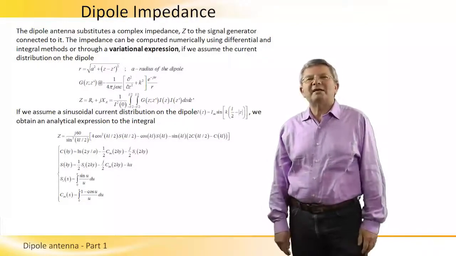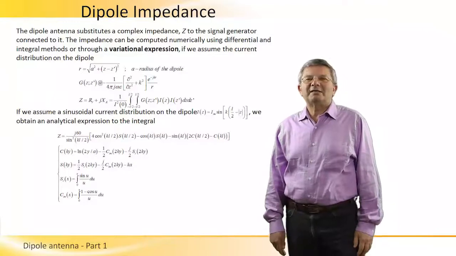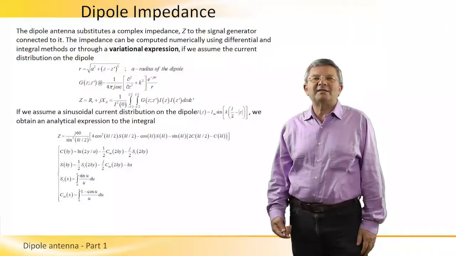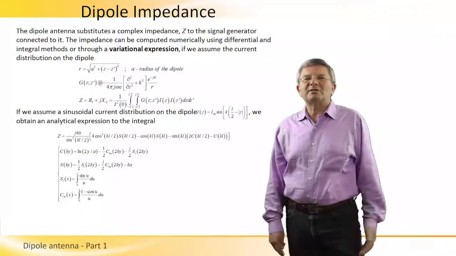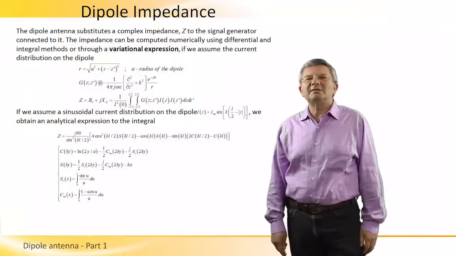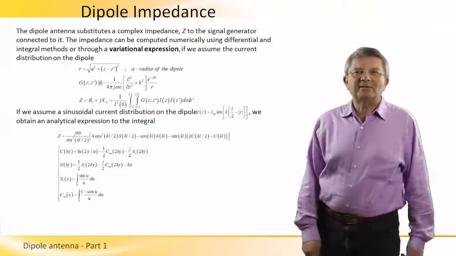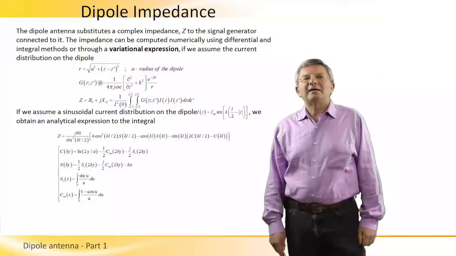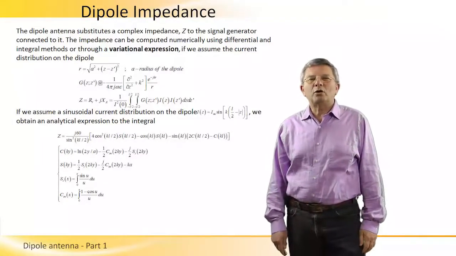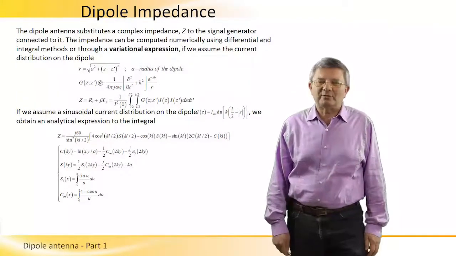We can understand the complex impedance by realizing that when we connect an antenna to a signal generator, since the radiated energy is lost, the signal generator feels that it's lost to some complex impedance, and we denote it by Z. The impedance can be computed numerically using differential and integral methods, which is quite complicated, but we have this kind of tools today, or through a variational expression if we assume the current distribution on the dipole.